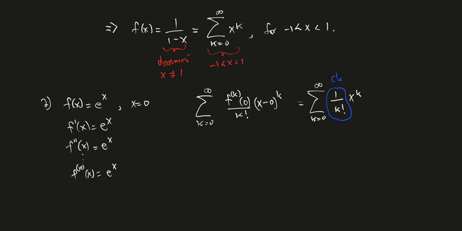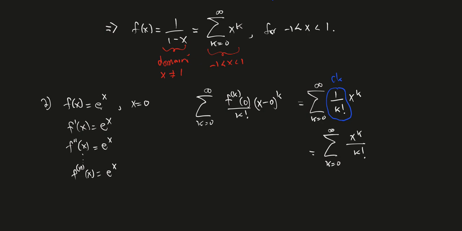That's where we started. But the question is, for what values of x? In fact, let me rewrite it. So k going from 0 to infinity, you'll have x to the k over k factorial. So my question now is, for what values of x is this power series a perfect representation of e to the x?